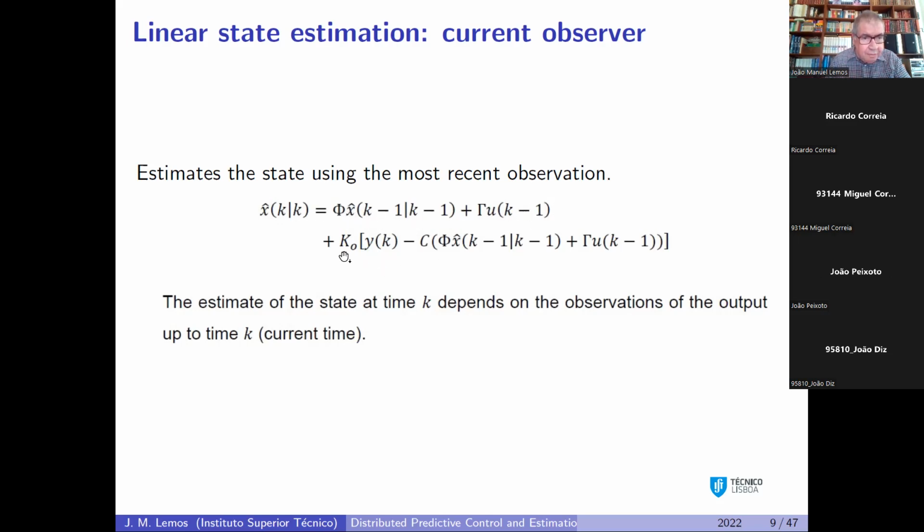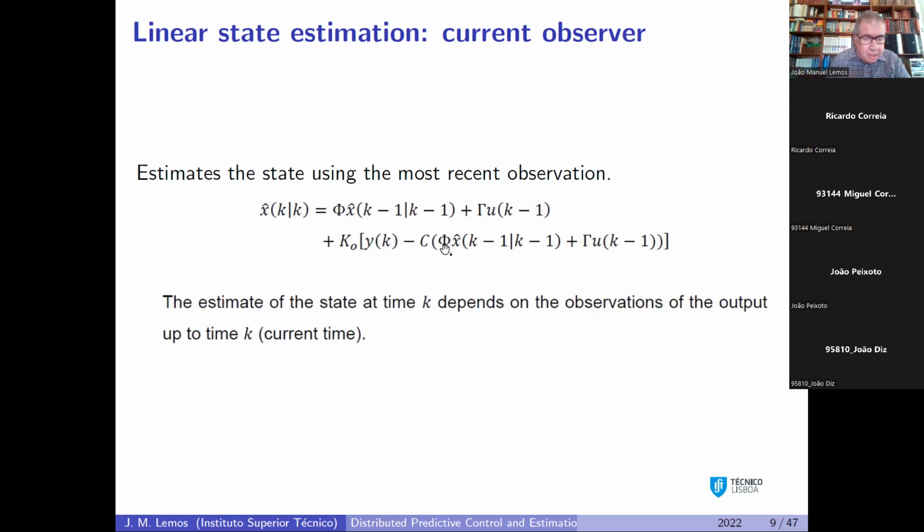And then I should have K0 times y of k, and y of k goes with C times x hat of k, but x hat of k is something that I'm trying to compute. So instead of putting here x hat of k given k, what I do is again to use the dynamics. Otherwise this would result in an equation that would be very hard to solve.